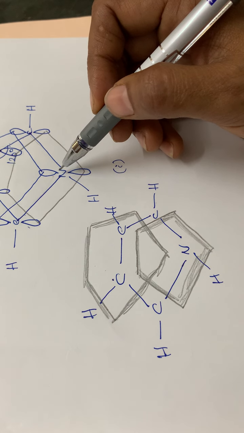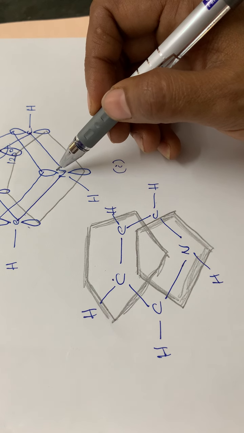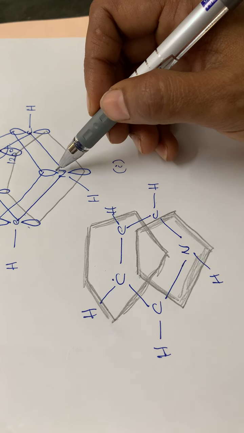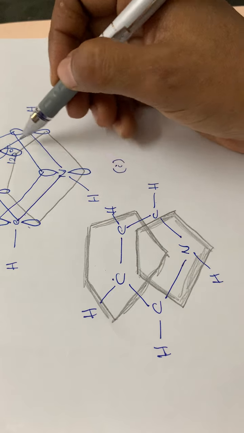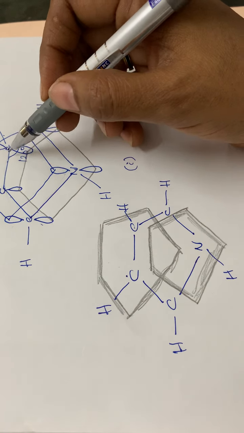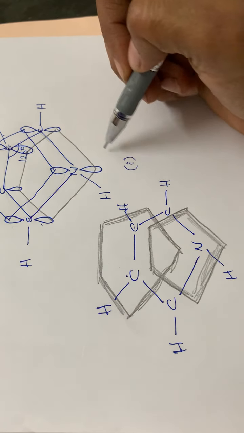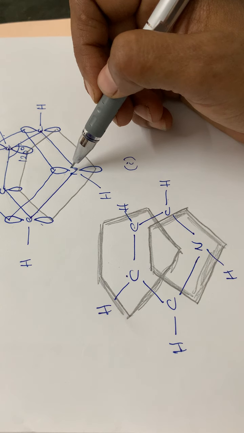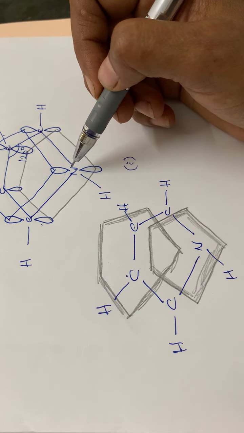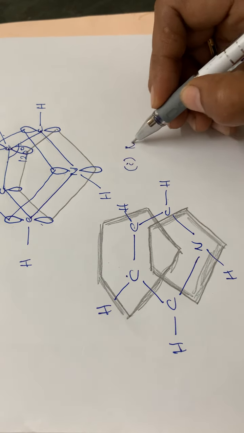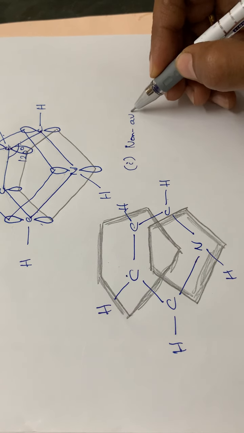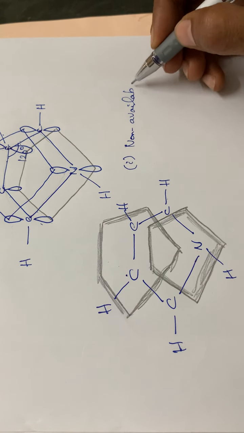The non-availability of the lone pair of electrons on the nitrogen atom. That means the lone pair of electrons on the nitrogen atom is introduced into the ring, isn't it? That is, there is a pi electron cloud above and below the plane of the ring. So therefore this nitrogen will be lacking the lone pair of electrons. So the first point: non-availability of the lone pair of electrons on the nitrogen atom.